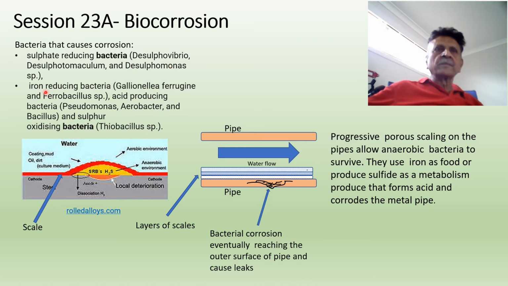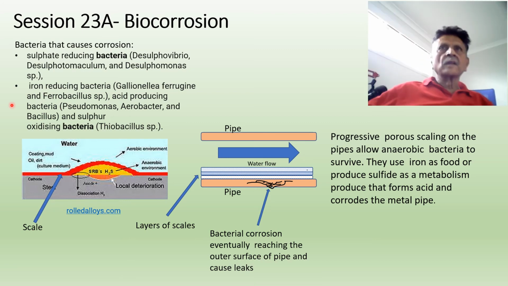The iron-reducing bacteria are Gallionella ferruginea or Ferrobacillus species. If you notice, ferruginea has to do with iron, Ferrobacillus is a bacillus type, and bacillus has a little needle-like appearance, and ferro is iron, and this produces acid.